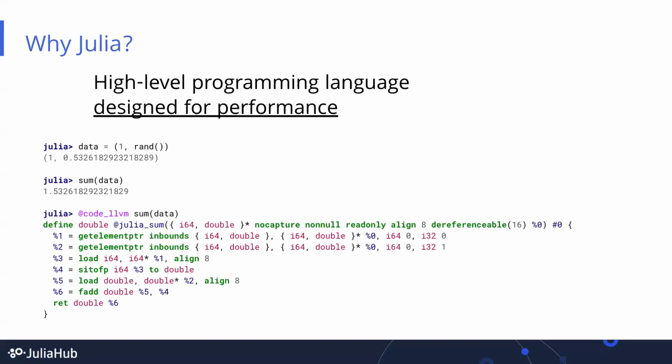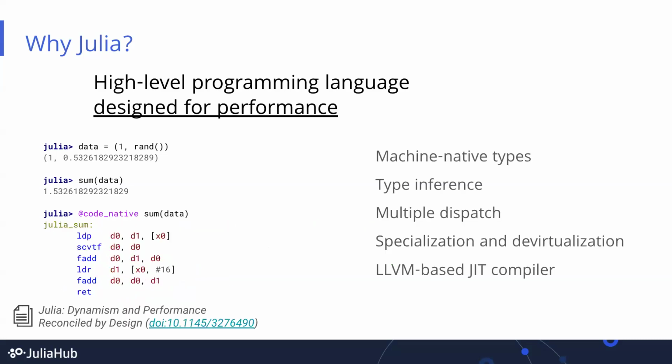However, because Julia has been designed with performance in mind, we get very high quality LLVM code out of that, representing this sum operation. You can easily have a look at what the compiler generates with the code_llvm macro in front of your call. And we can see here that this is well-typed, predictable, straight-line machine code that can subsequently be compiled down to very high quality efficient CPU code for AArch64 and such.